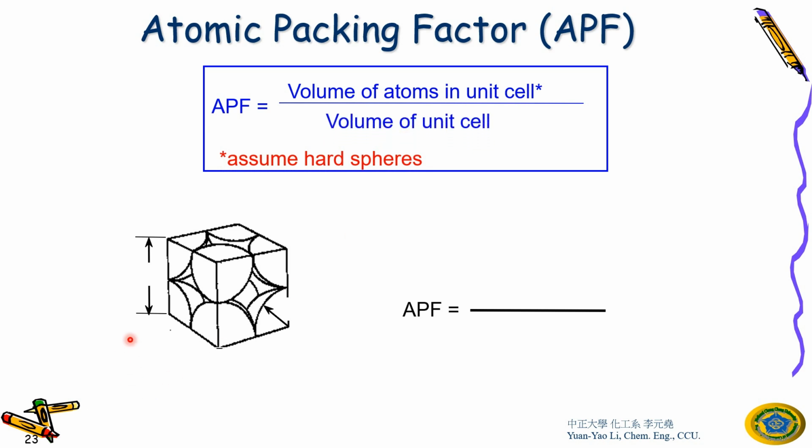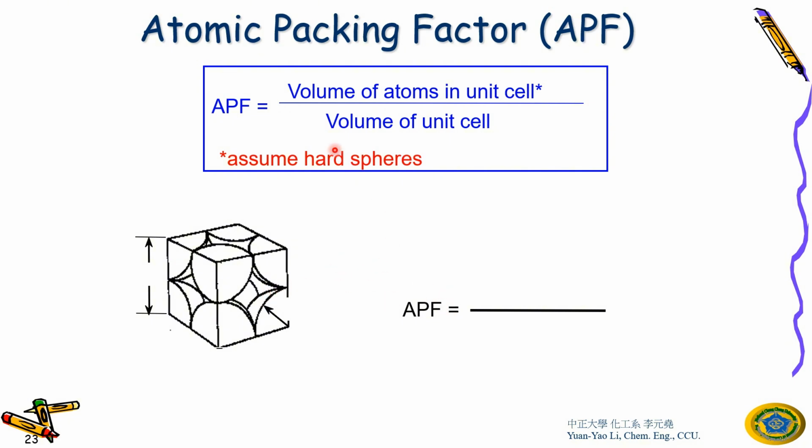It means how much space is in this unit cell, or how much solid material is in this unit cell. The more solid material you have, the more dense it is, right? You might say, well, Professor, why don't we just use density to represent this? That's another story, but please remember this first.